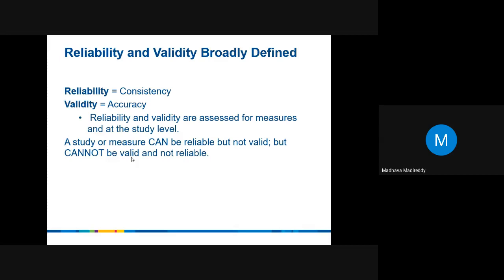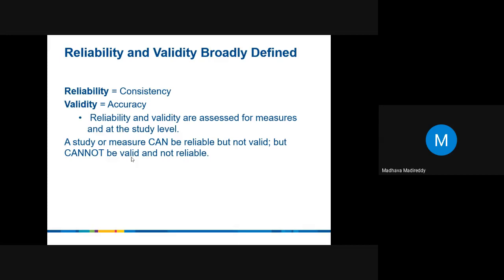Validity, on the other hand, is talking about the accuracy of the scale. Let us say you stand on the scale and it says 120 kilograms. Obviously, you know that it is not correct. So you can validate externally that there is a problem with the scale.